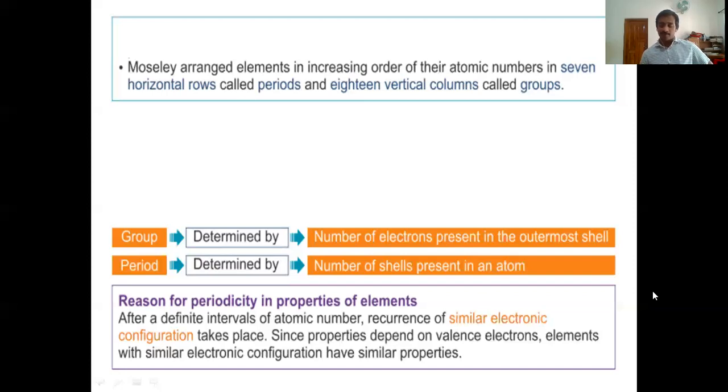After 8 elements at potassium, the configuration is 4s1. The electronic configuration is repeating, similar electronic configuration. Therefore, the properties are also repeating. Since the properties depend on valence electrons, elements with similar electronic configuration have similar properties. So what is the reason for periodicity in properties of elements? Similar electronic configuration after a certain interval of atomic number. That is the reason. The properties depend on electronic configuration.